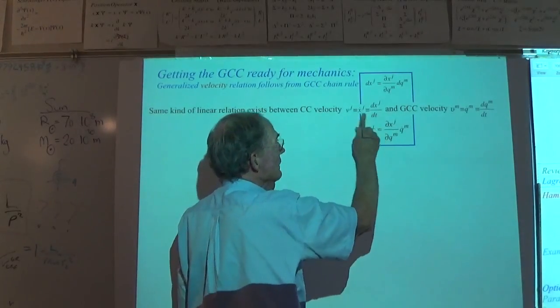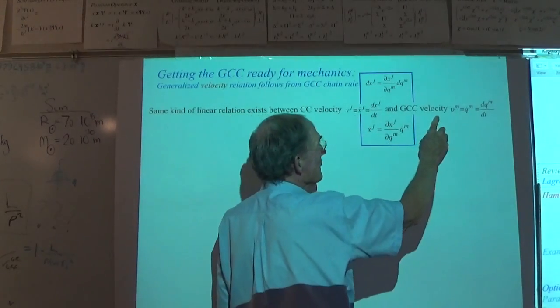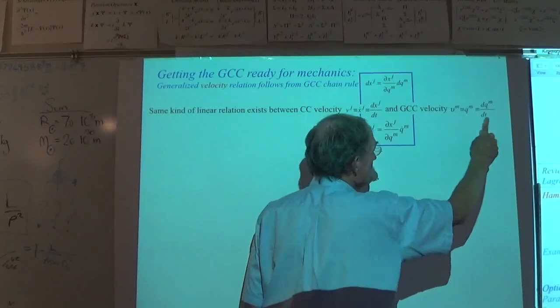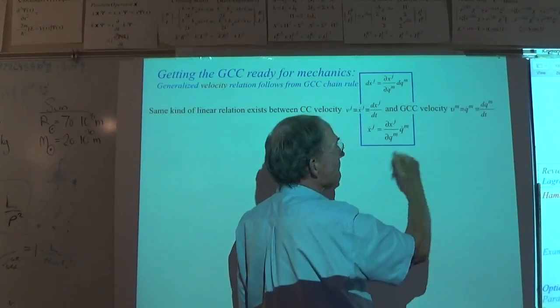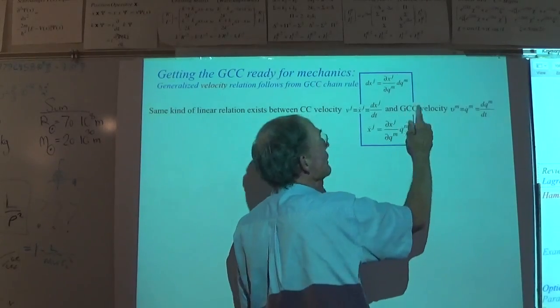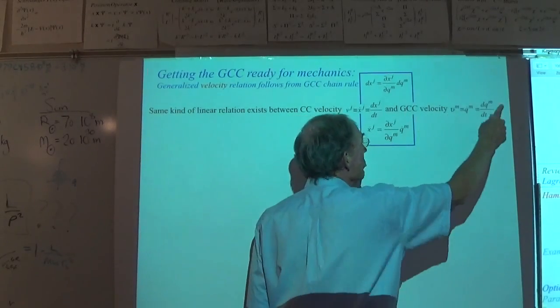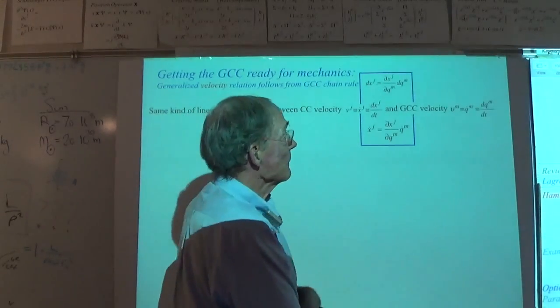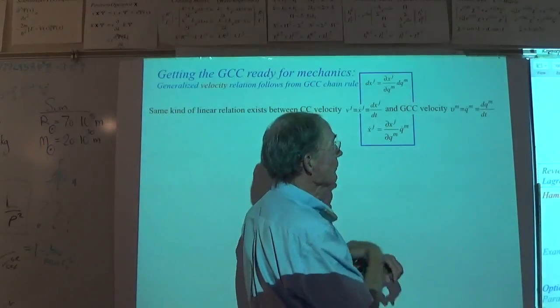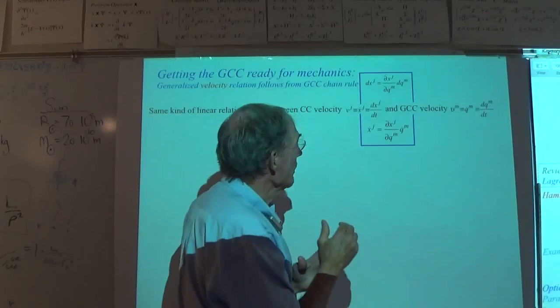And that means then that we can indicate here a generalized curvilinear coordinate velocity in the same way that we do for our Cartesian coordinates. So that is not anything terribly new.